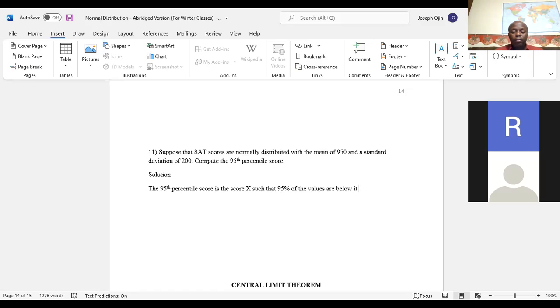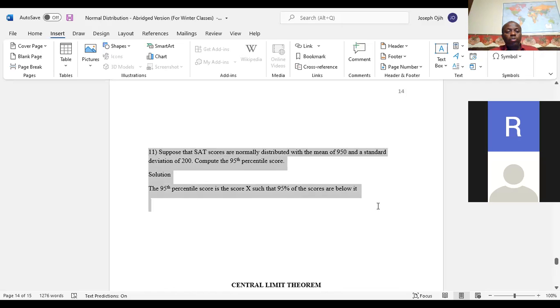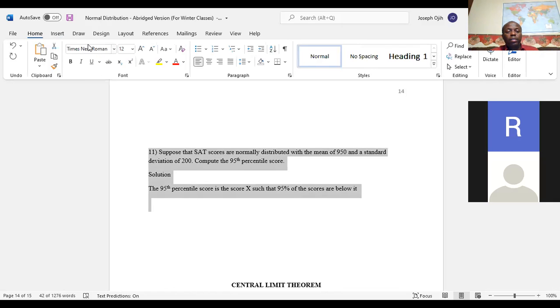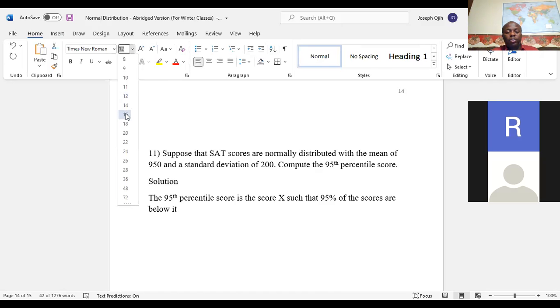That's what it means. Which implies that we just draw the chart and follow the same process, the same process we did for the first example in this section.